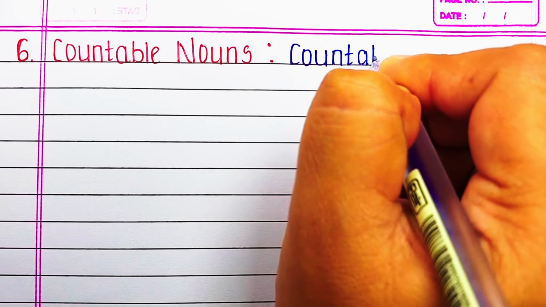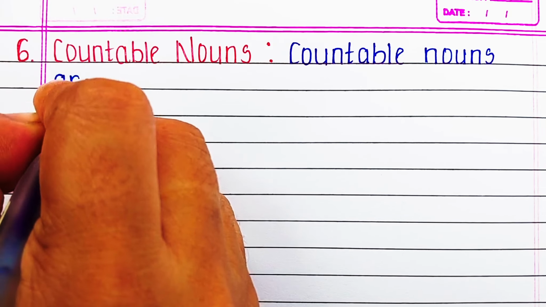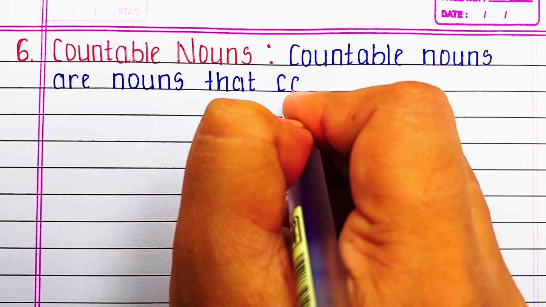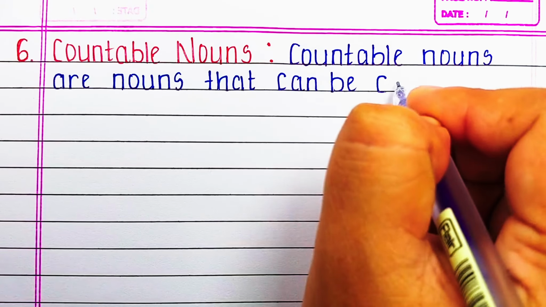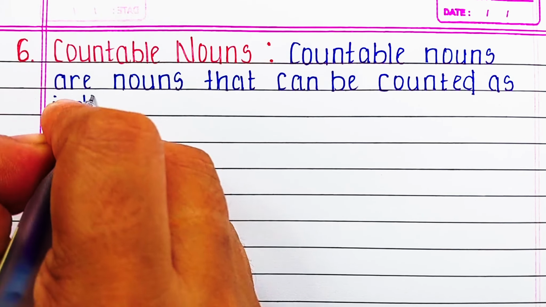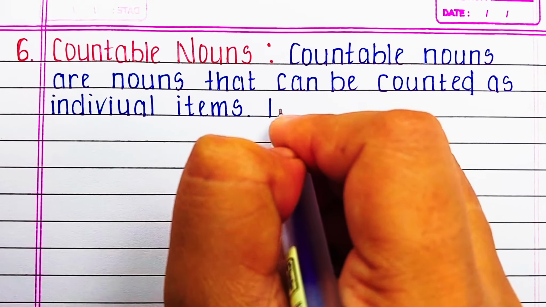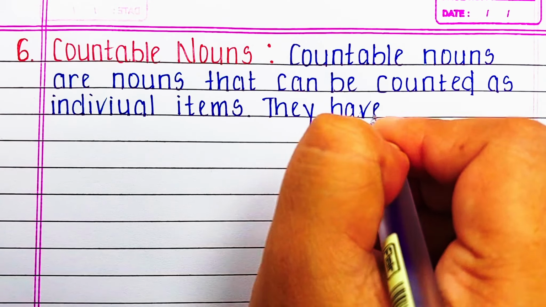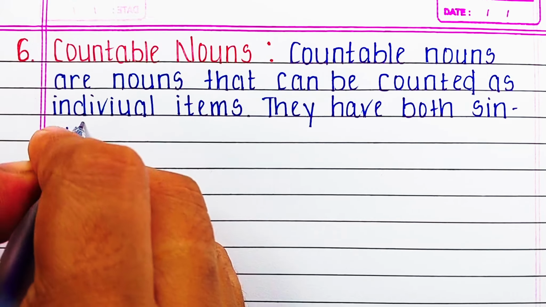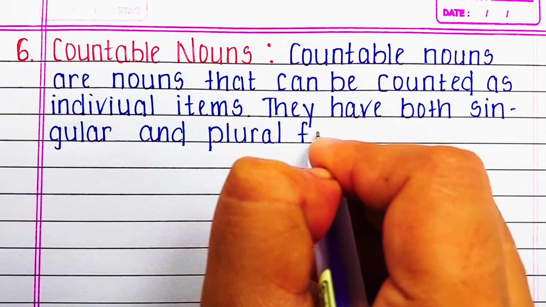Next type of noun in our list is countable nouns. Countable nouns are nouns that can be counted as individual items. They have both singular and plural forms.